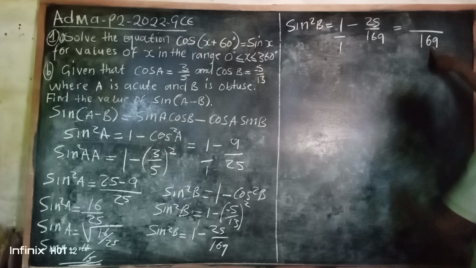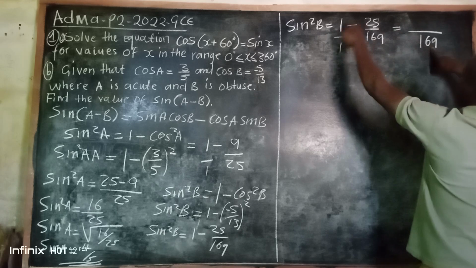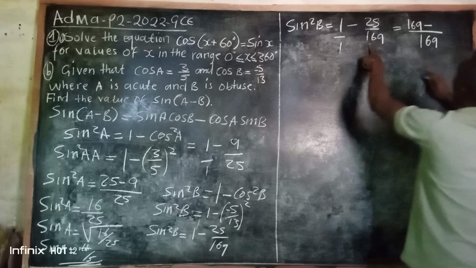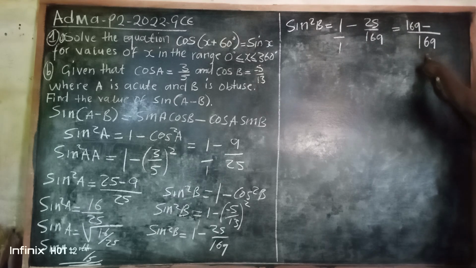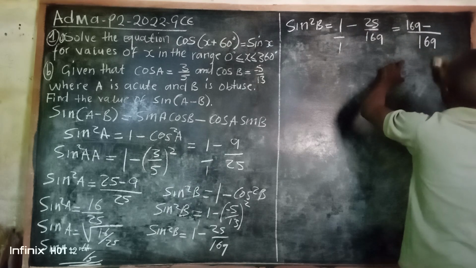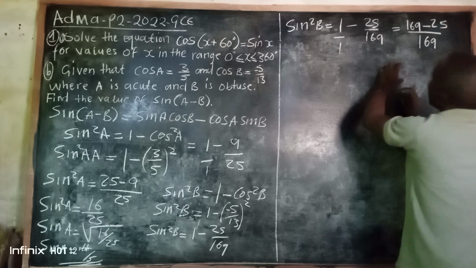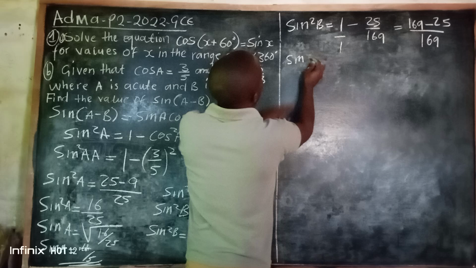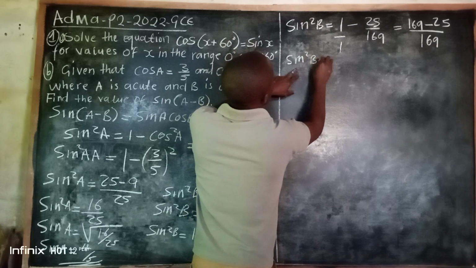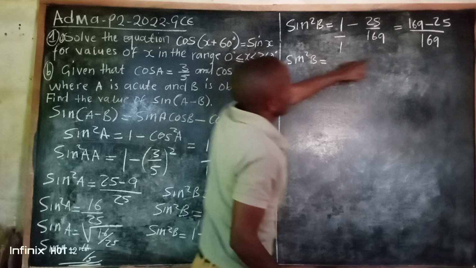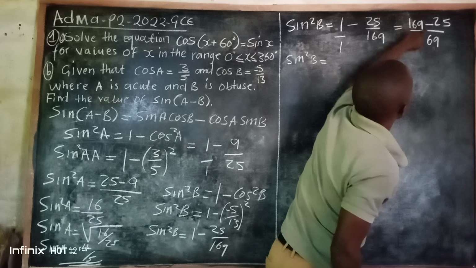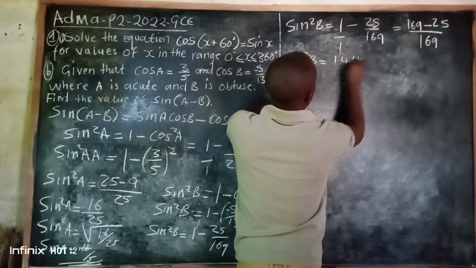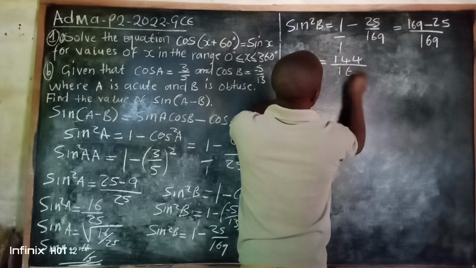So 1 into 169 is 169, times 1 is 169, minus, 169 into 169 is 1, 1 times 25 is 25 on top there. Okay? So when we simplify, 169 minus 25 is 144 over 169.